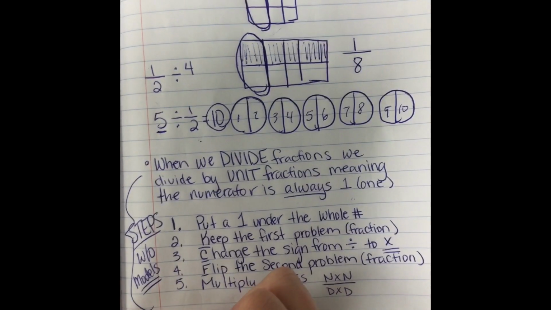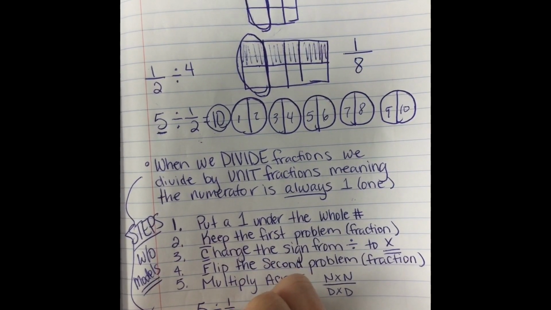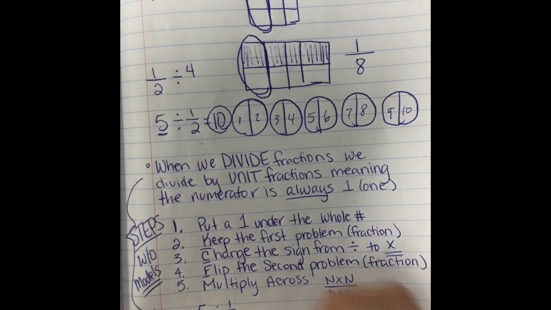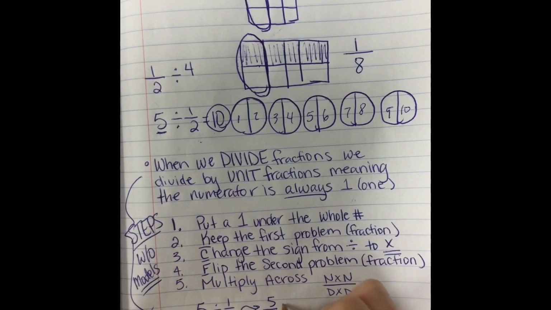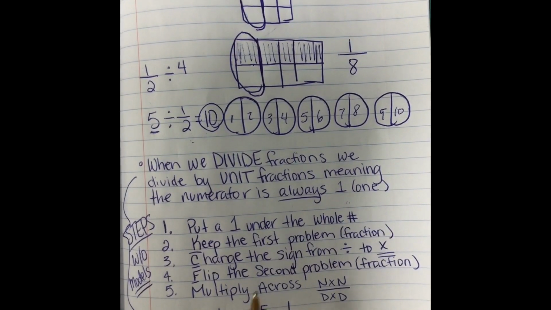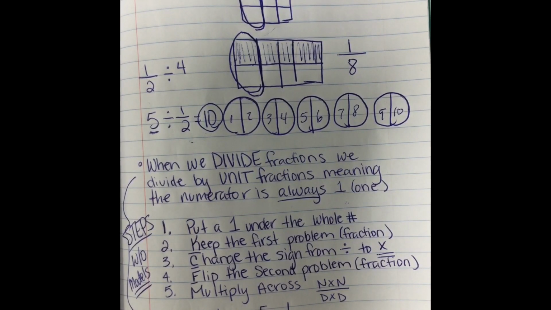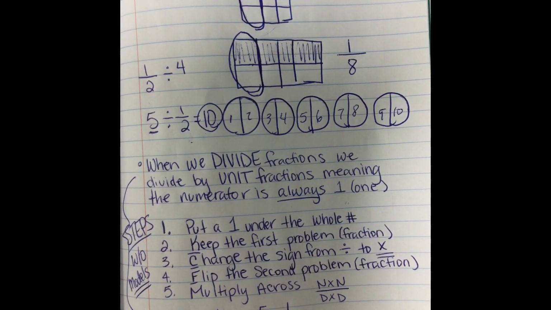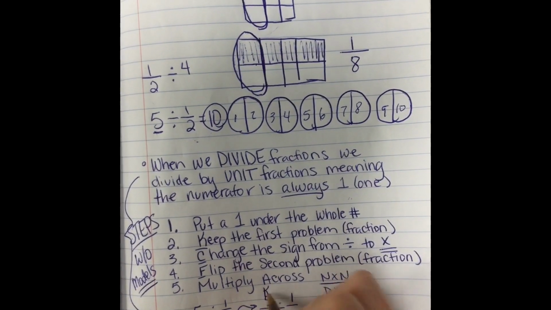So if my problem is 5 divided by 1/2, we're going to put a 1 under the whole number. So 5/1 divided by 1/2. And then it says keep the first problem. Well, when you read a problem, you read from left to right, just like you read a sentence. 5/1 divided by 1/2.